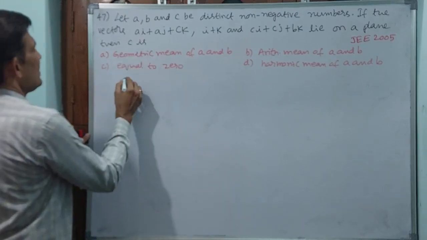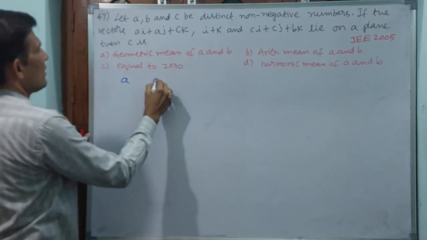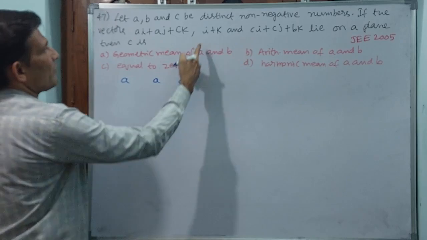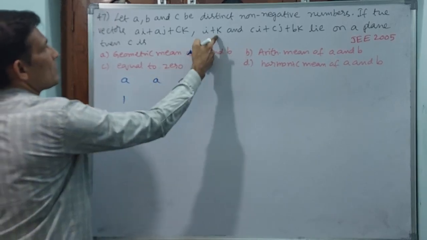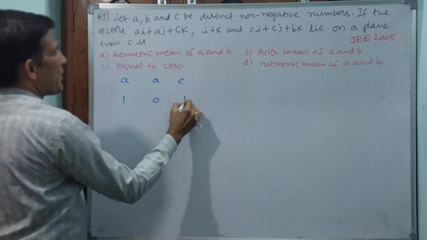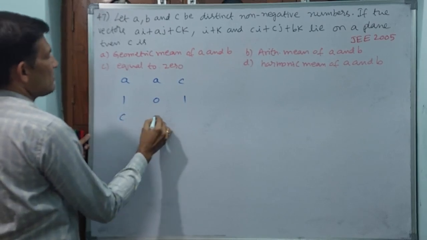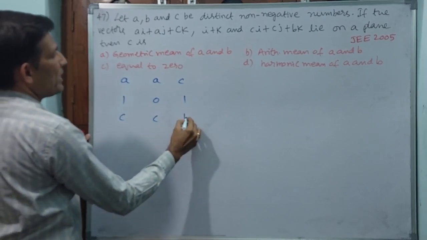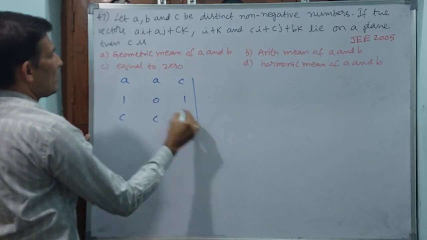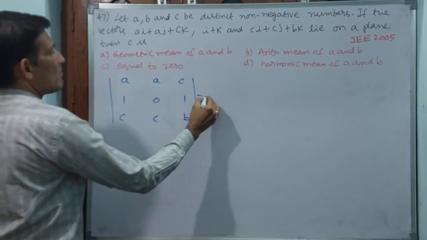Let us see. See, a, a, c; 1, 0, 1; c, c, b; equal to 0.